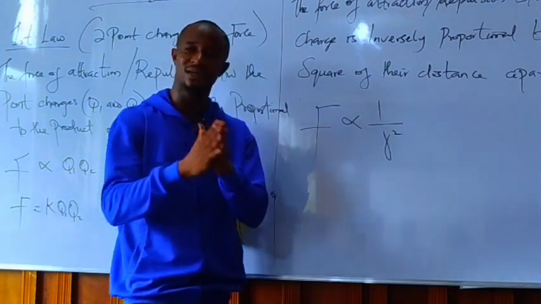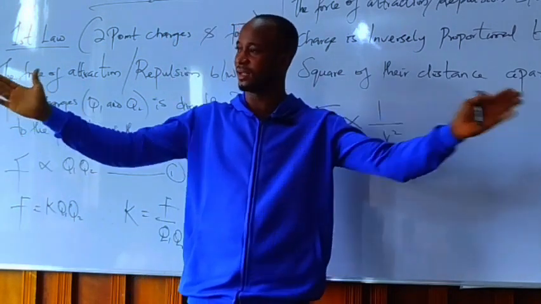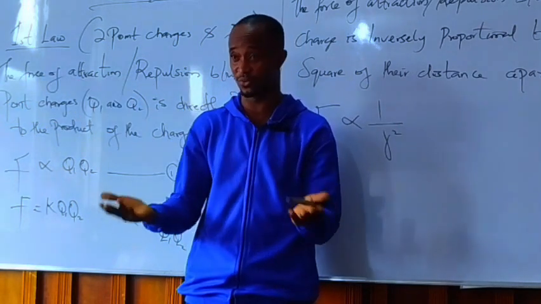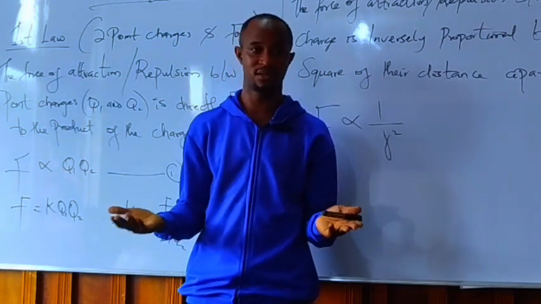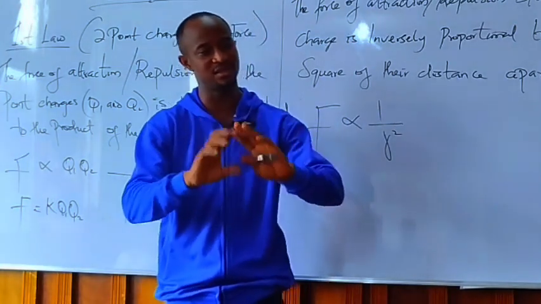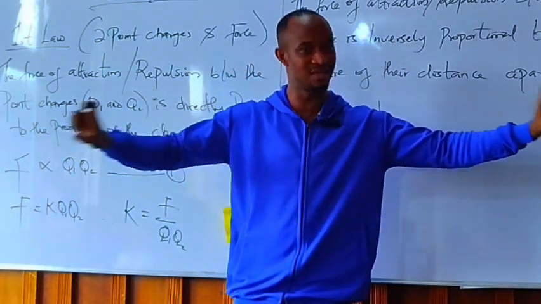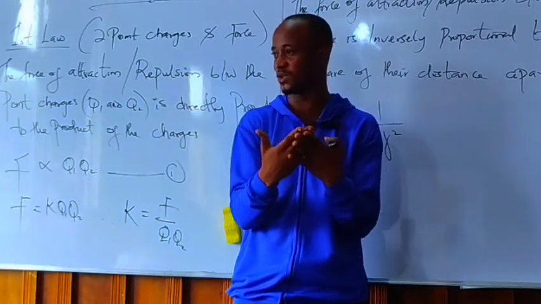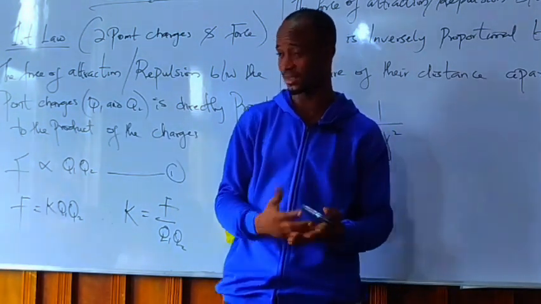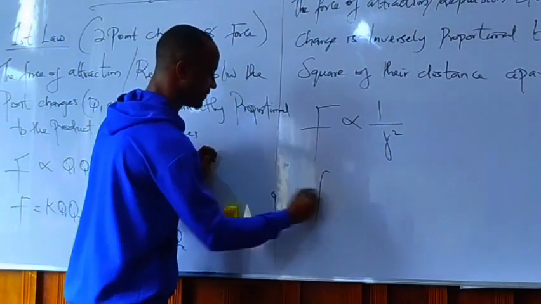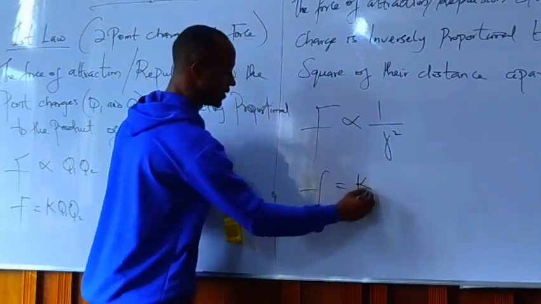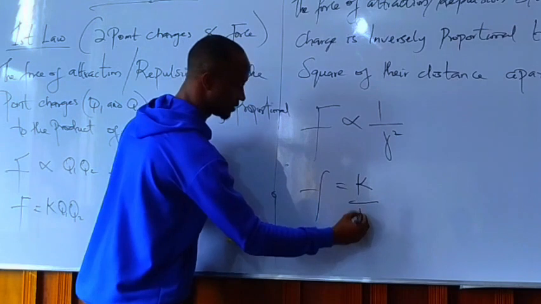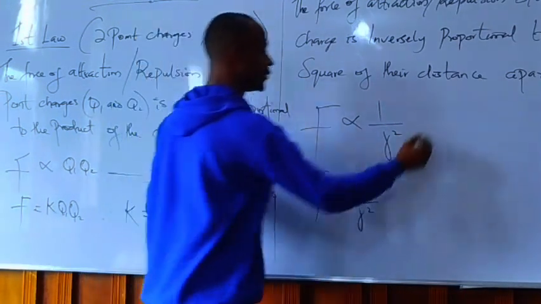That means the more we increase the distance, the lesser the force. Is it not true? So the more the two charges are widely separated, the lesser the force of attraction experienced between them. So that means my F is equal to K over R squared. Can we say that?